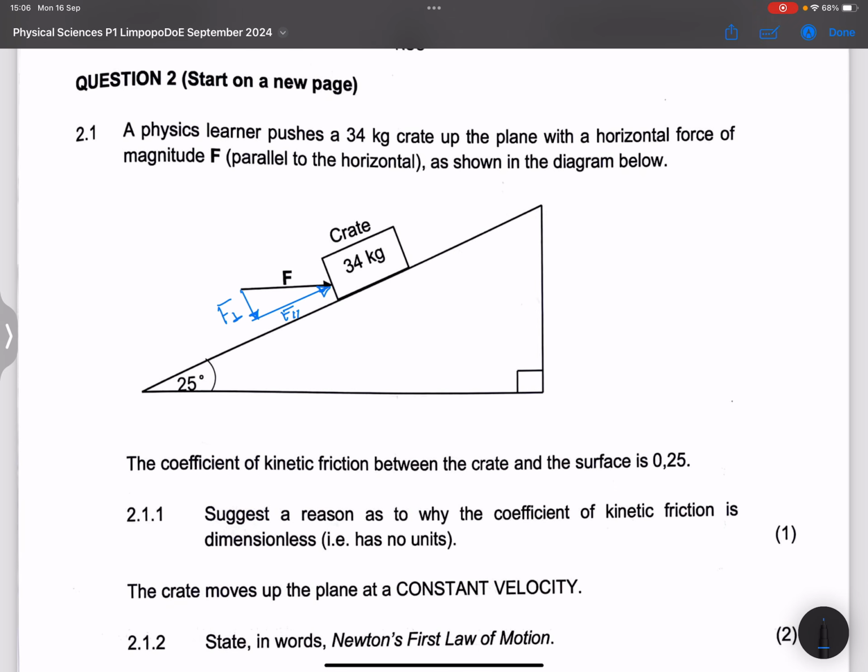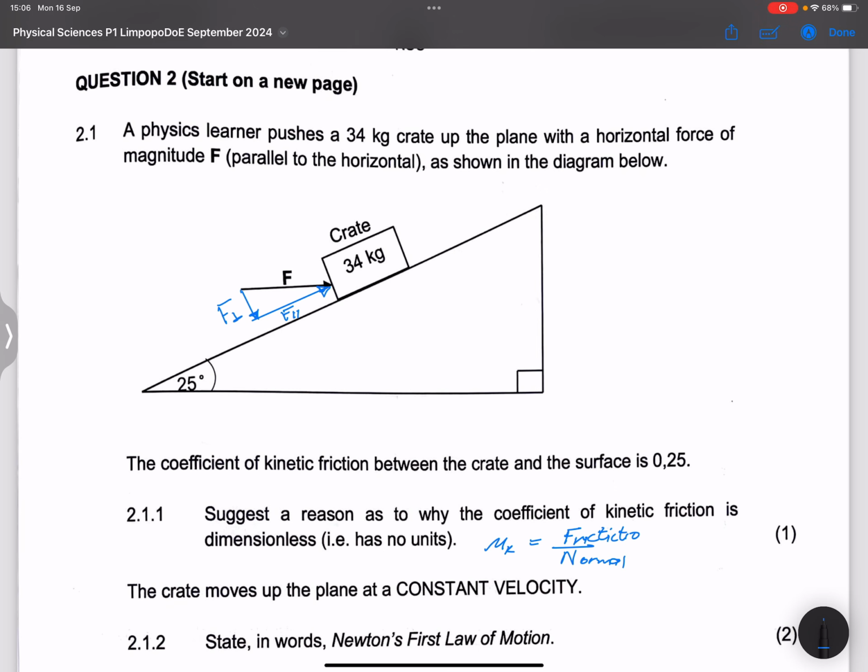Now they say to us, suggest a reason as to why the coefficient of friction is dimensionless. Remember that the coefficient of friction is a ratio between forces. We always say the frictional force is equal to the coefficient multiplied by the normal force, but both of them are forces.